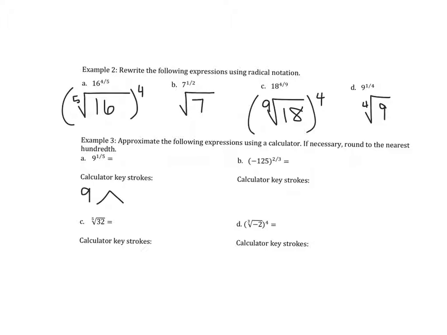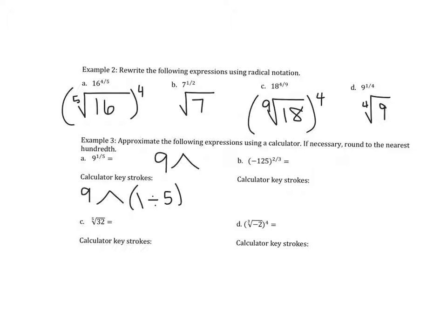If it moves it up into an exponent, and the box is blinking, then you can just type in 1 divided by 5. If that box isn't there, then you have to put it in parentheses. So it'd be 9 caret, that's what that symbol is called, 1 divided by 5 in parentheses.